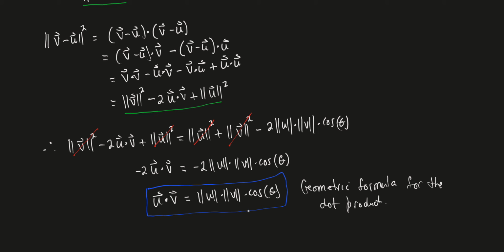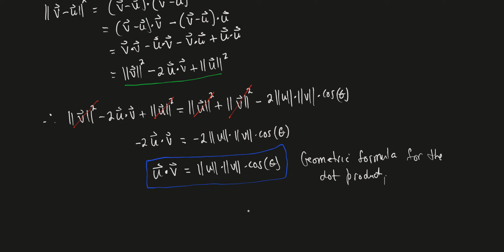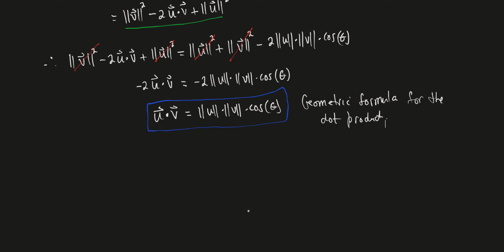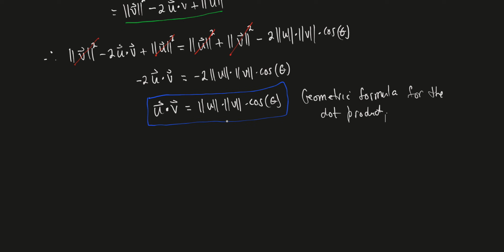All right, once we have this, it opens up even more properties of the dot product. But let's end this video with a really standard calculation where we can use this result. In fact, we can use our two formulas.